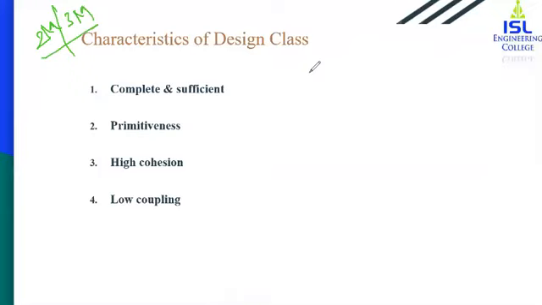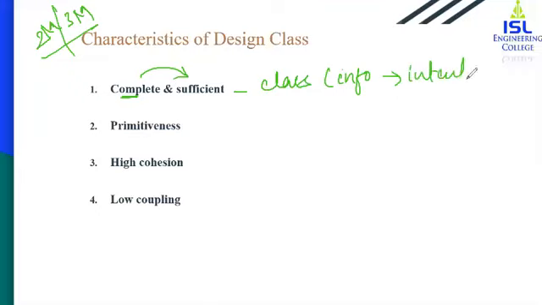Now within the characteristics of design classes, these are the 4 characteristics of design classes. Complete and sufficient. Complete and sufficient means you're going to have different classes. Now this class needs to have information. This information should be complete. Now complete and sufficient means the information that is there for the software should be sufficient so that the intent of the class can be achieved.